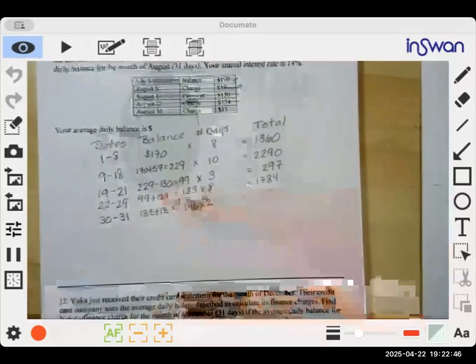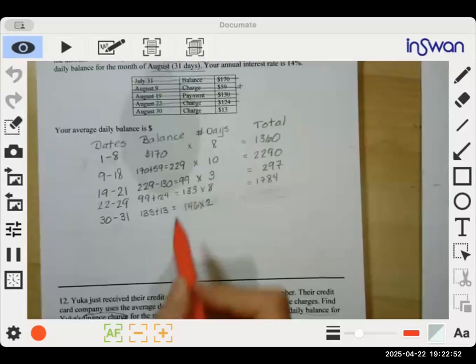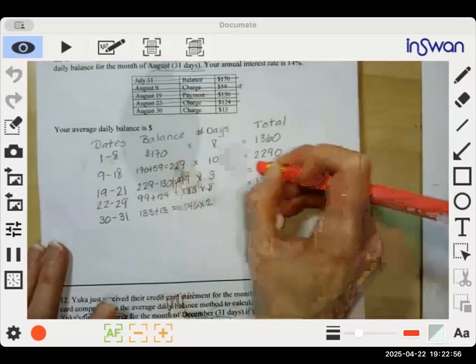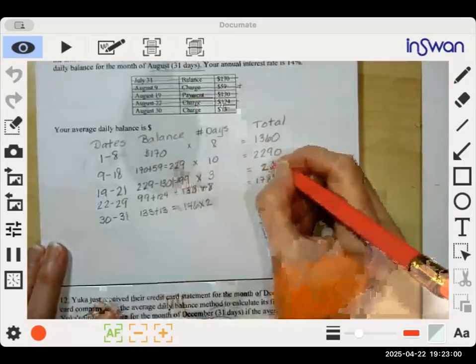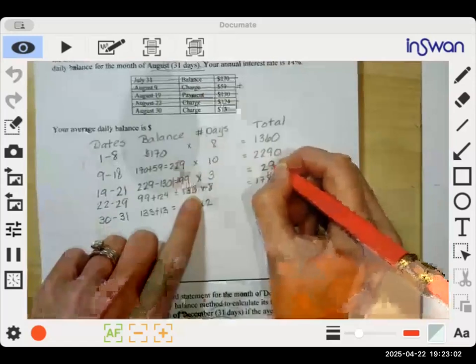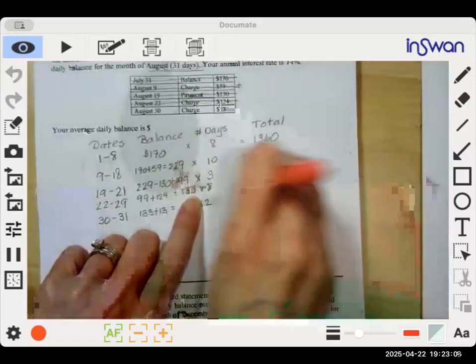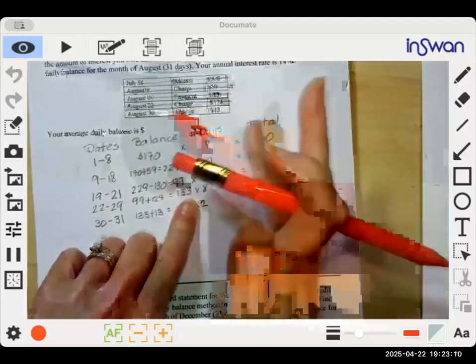Grab a calculator. Oh, the 99 plus 124, Professor, that should be 223. It is 223, and I wrote down the wrong number. 297. Where did 1784 come from? Oh yeah, that's the next one. Yeah, that's the correct amount.